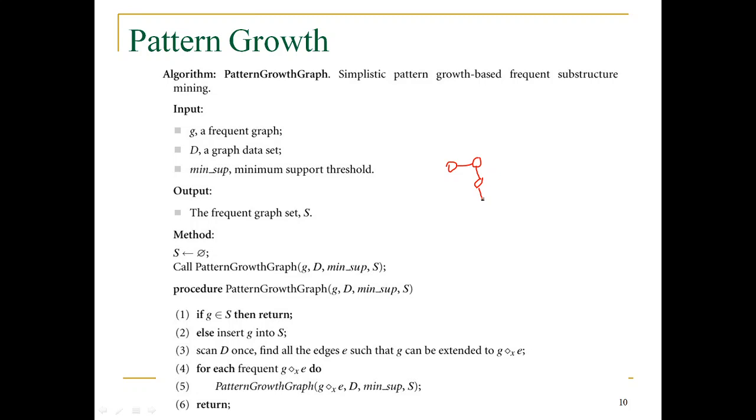Then again we join with another edge and find out the minimum support. Like that we are going to find a graph, and if it is satisfying, then we take it as a pattern. But this particular graph may be attained multiple times.